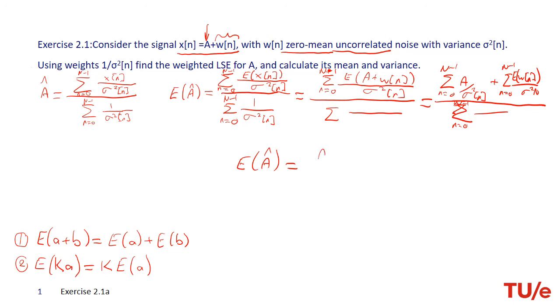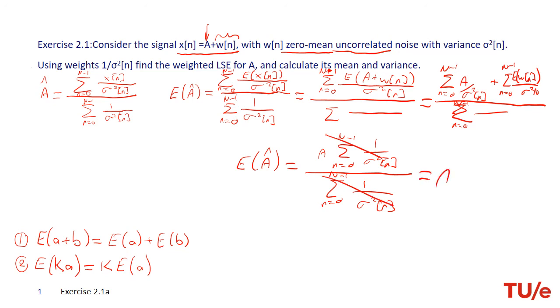It is A times the sum over n from 0 to n minus 1 of 1 over sigma squared n, divided by, this time around, the same sum. I'm going to write it down for dramatic effect, and that's the dramatic effect I'm talking about. Hey, this is an unbiased estimator. The expected value for a hat is equal to A.